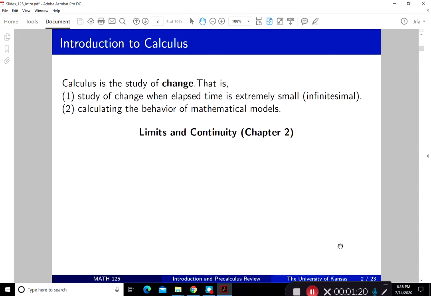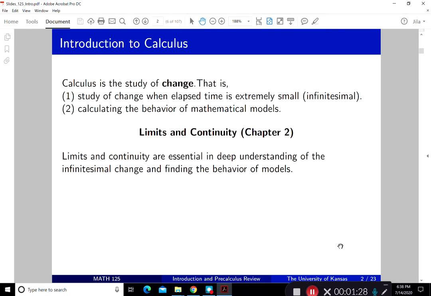So the first chapter that we cover in this course is chapter 2. It's limits and continuity. How limits and continuity work in this course is, first of all, explaining this infinitesimal.